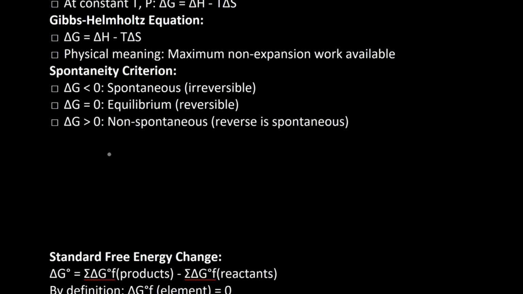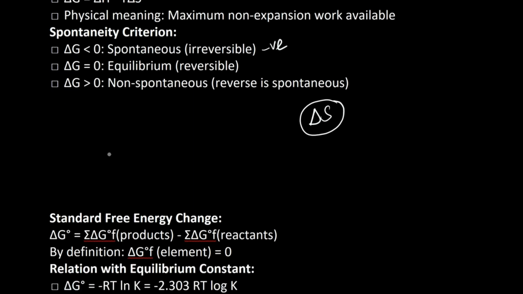I will be showing the table for you to take a screenshot. But remember, this delta S is different from the other two. Just opposite. For a spontaneous process, delta G is negative, but delta S is positive. Same applies for non-spontaneous also. This becomes positive and that becomes negative.